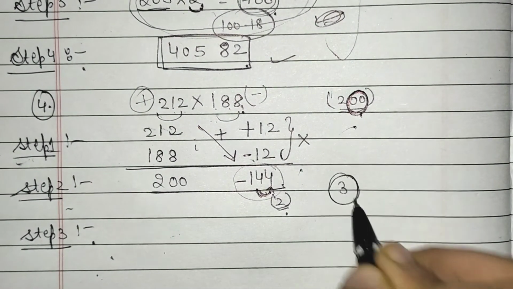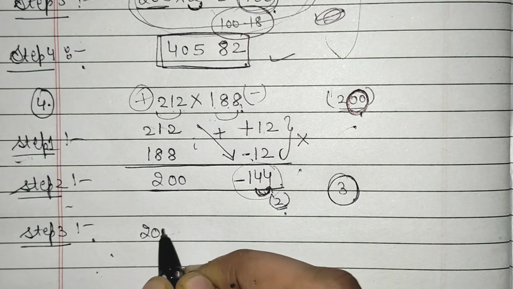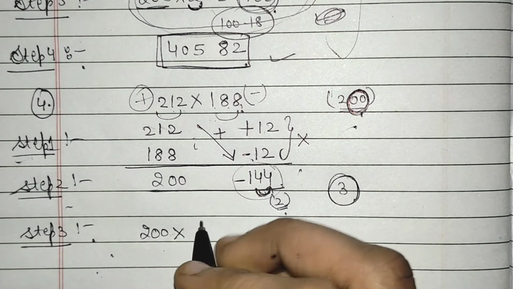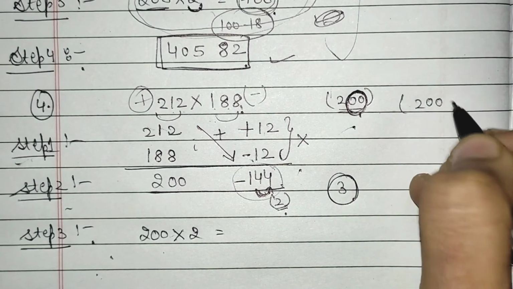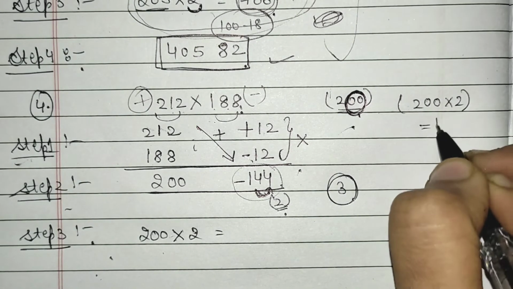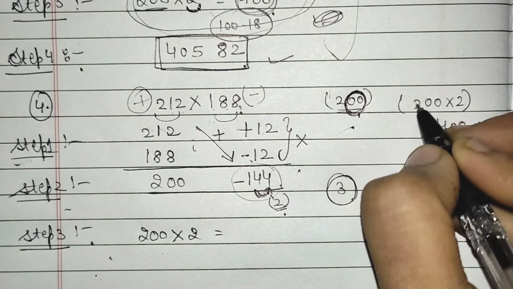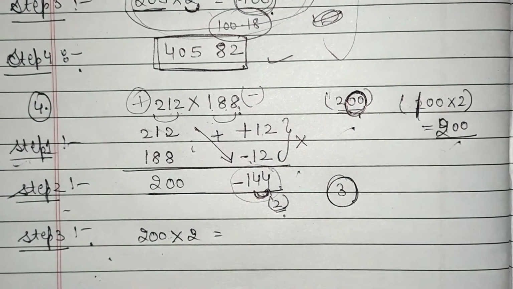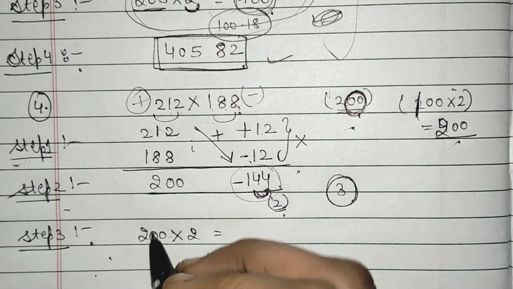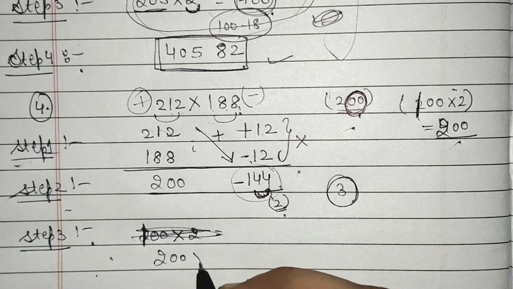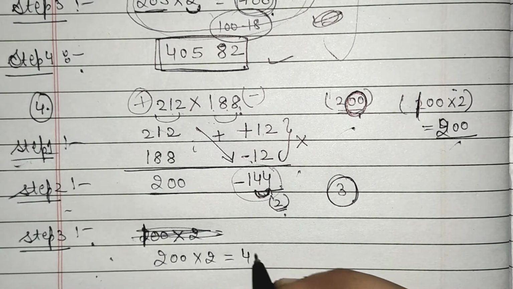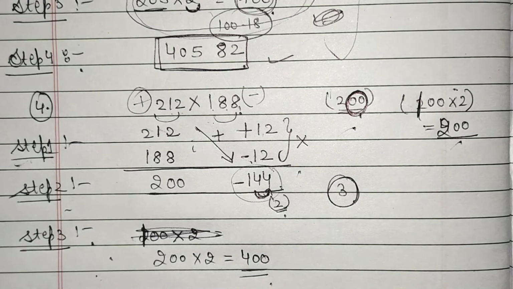So what we do? If I have any extra digit, we subtract. Okay, but before doing subtraction, we have to do our step. 200 into 2 is equal to 400. 100 into 2 is equal to 200. So this time I have to do 200 multiplied by 2, which will give me 400.